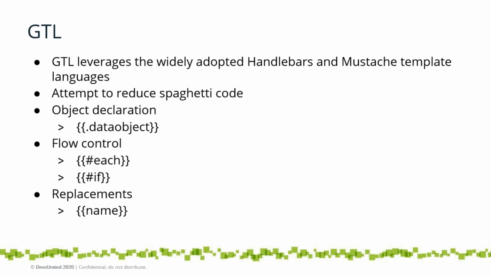It's a slight attempt to do that. And there's a lot of features in Guide template language. We're just going to see a few of them, like to declare a data object, and then do some basic flow control to iterate and to do an if statement. And then we do just replacements, okay?